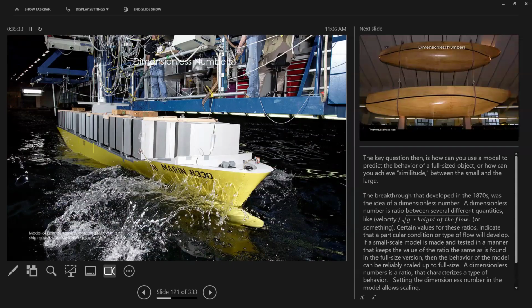Okay, so there's this idea, the way that you can scale up from a tiny model of a little boat in water to a big boat is through something called a dimensionless number, what's called a similarity parameter. Basically, it's a ratio of different quantities, like the speed divided by gravity times the height of the boat, that happens to hold true at the large scale and the little scale.